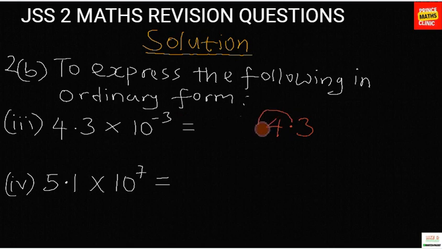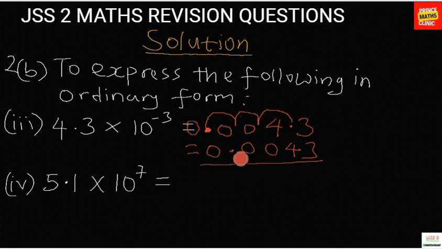Right? This 1, 2, and 3. So our point is now here. Right? So it means you can fill up this place with a 0. Then inside there is 0 to fill up 0. So the result becomes 0.0043. That is the result.